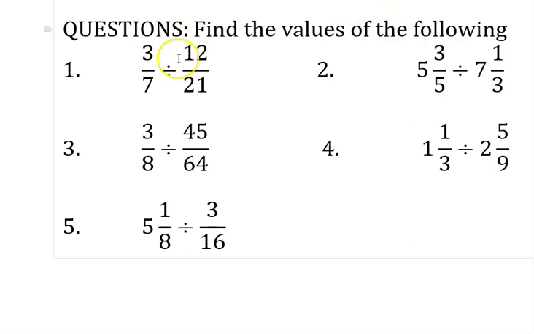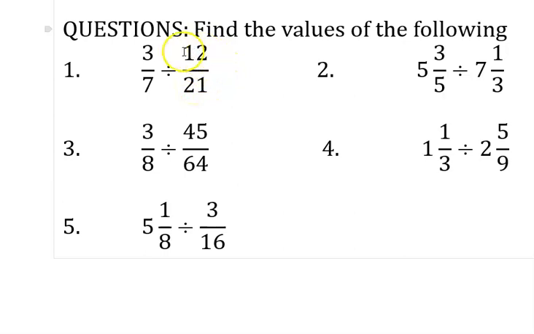Now, for division, unlike multiplication, where you either cut out or multiply the numerators and the denominators, when you have division like this, the first thing you are going to do is change this division to multiplication. But take note, while changing this to multiplication, the fraction on your right hand side, you are going to swap the denominator to the numerator and the numerator to the denominator.